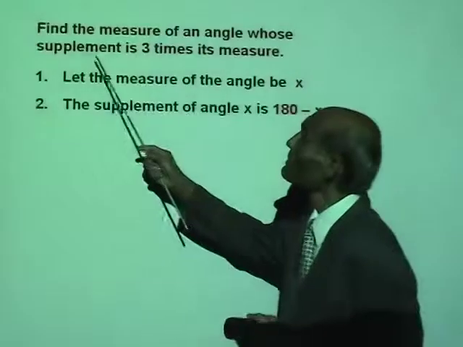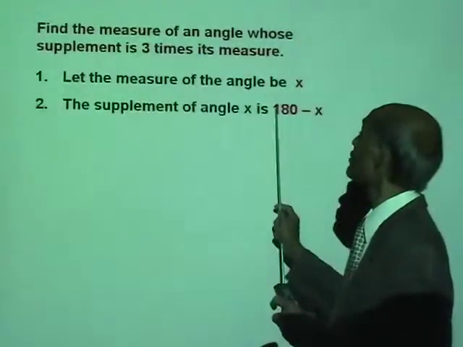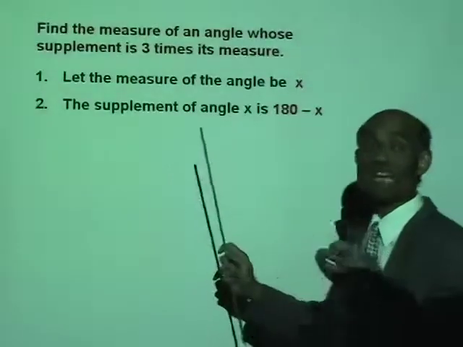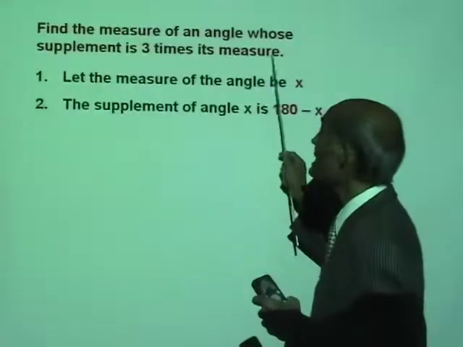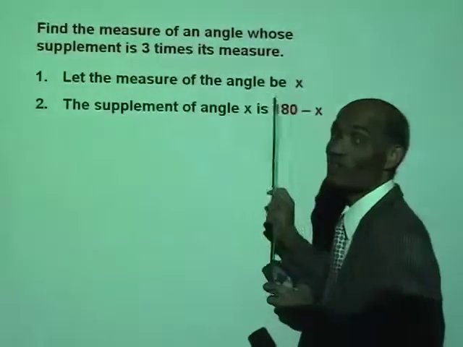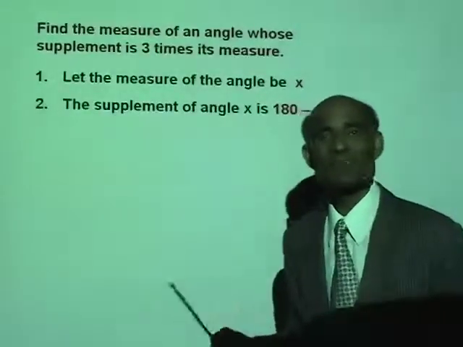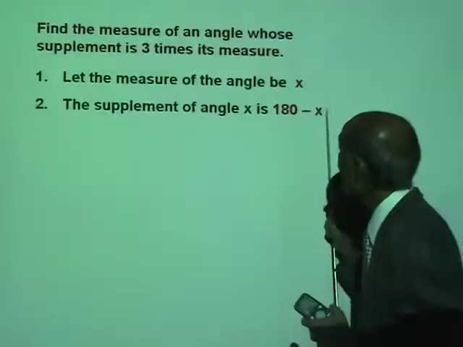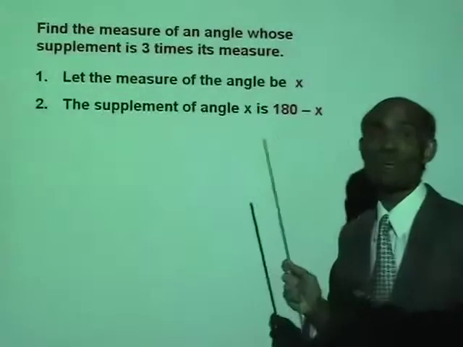And what is given in the problem? Its supplement is 3 times its measure. The measure of the angle is x, so 3 times its measure is 3x. So the supplement of the angle equals 3 times x.